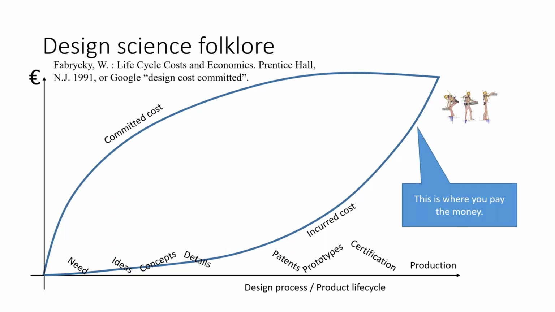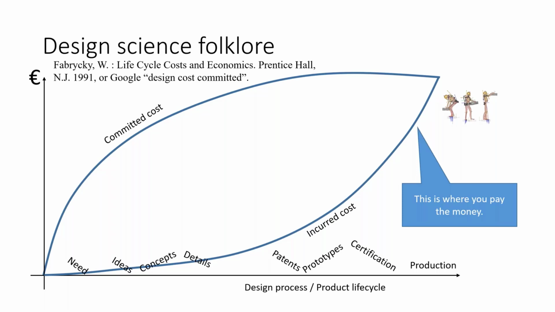And all of this is an argument why you should emphasize the importance of the conceptual design. If you don't get the conceptual design right, then you will end up paying a lot of money that you might have otherwise saved. And that's the key point of this slide here.